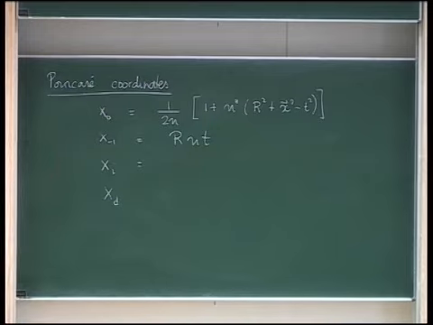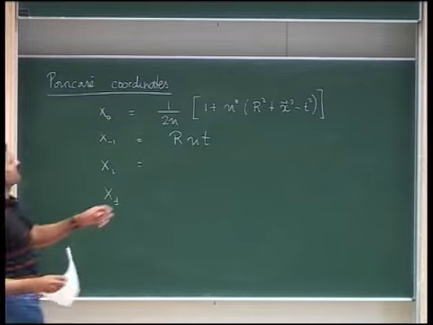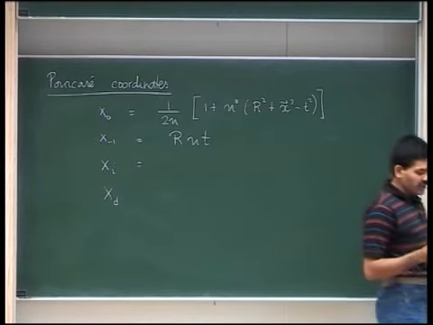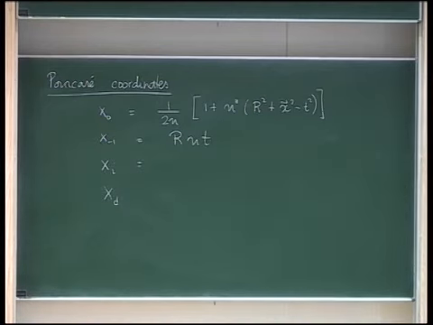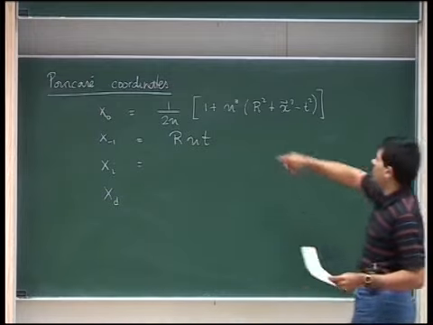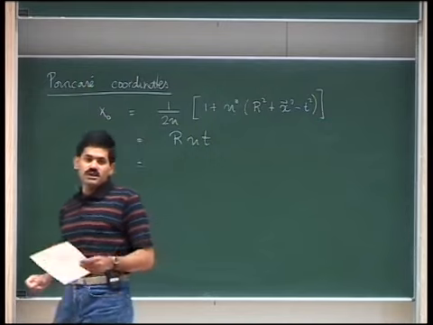I'm going to introduce a new set of coordinates, x vector. x is a vector in d minus 1 dimensions, t, and the last coordinate will be u.